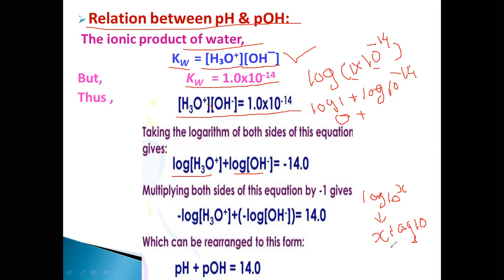Log of 10 क्या आता है? Log of 10 is 1. So x into 1 that means x ना. So here also ये जो 10⁻¹⁴ है वो क्या आ जाएगा, नीचे आ जाएगा. So माइनस साइन के साथ वो नीचे आ जाएगा, right?